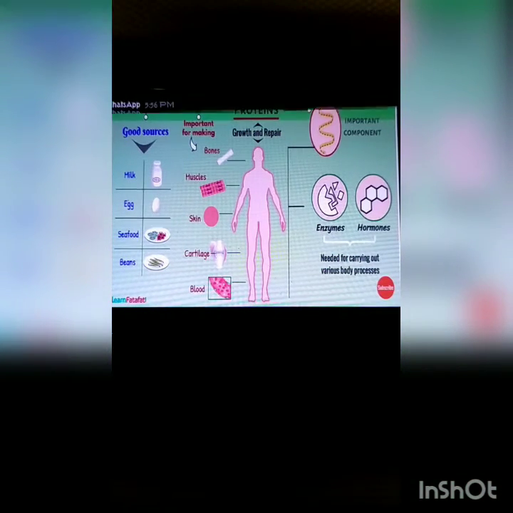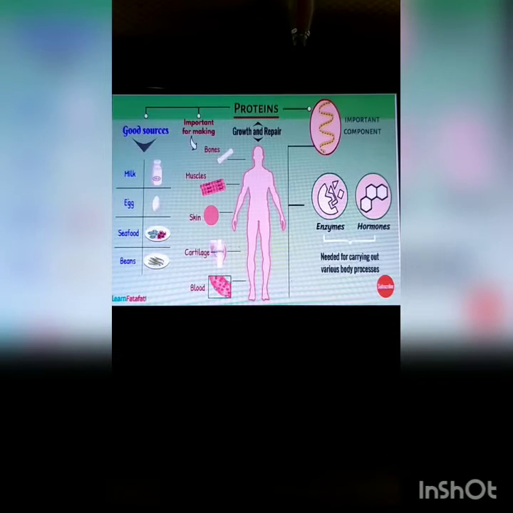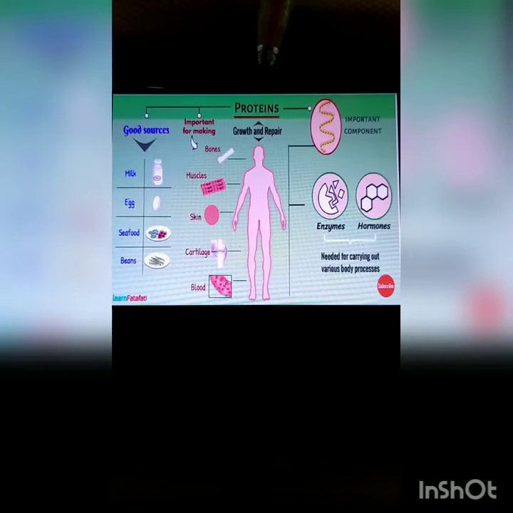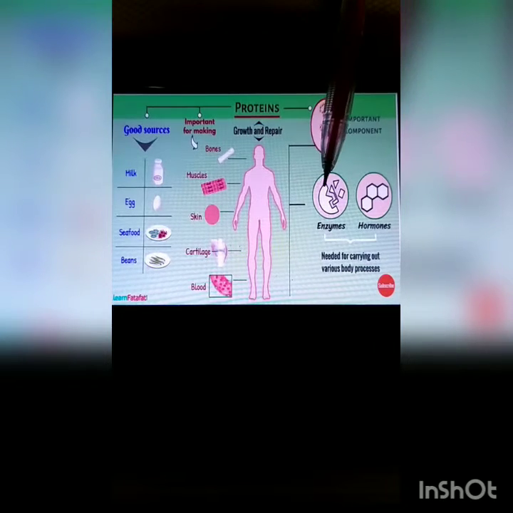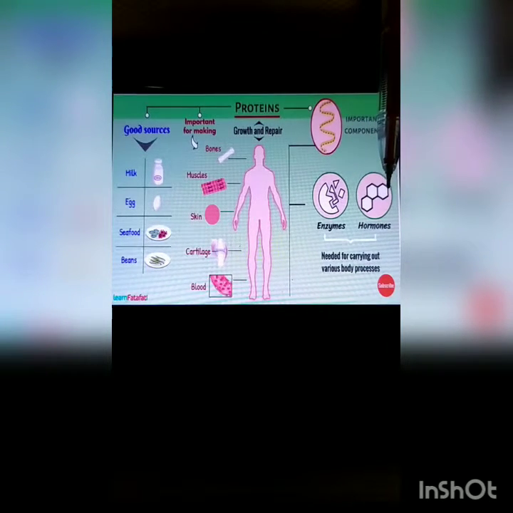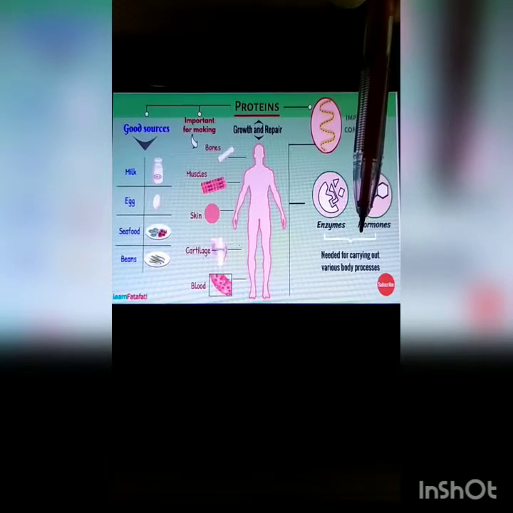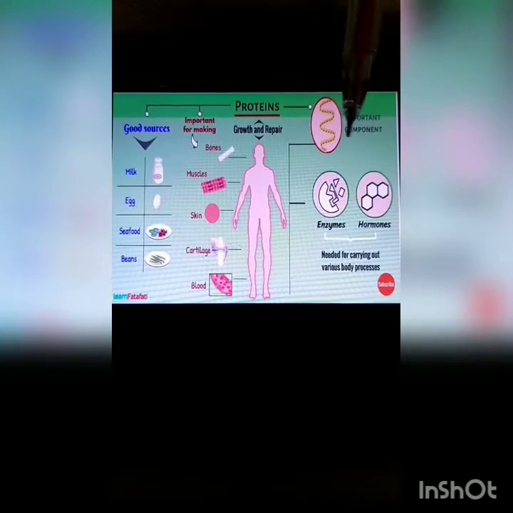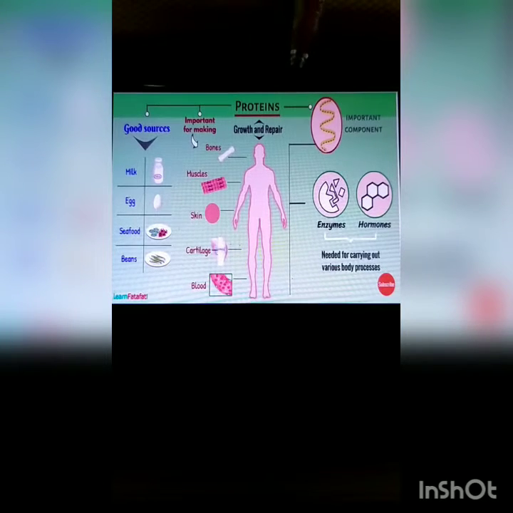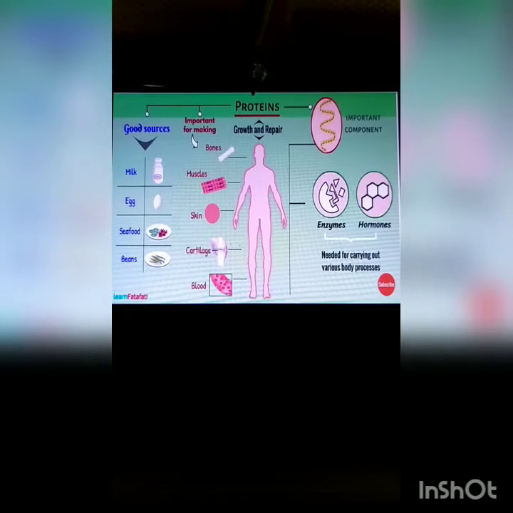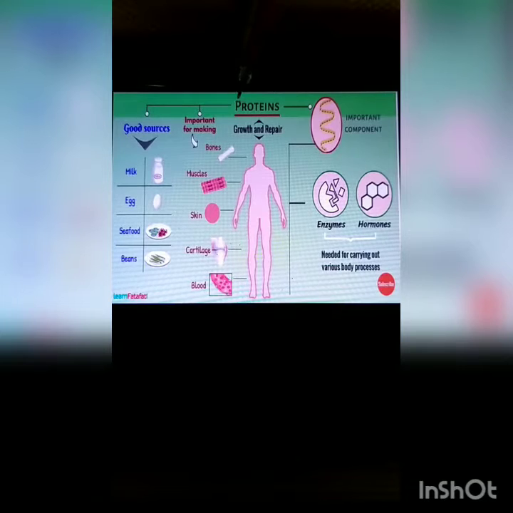Now about the proteins. There are many chemical substances in our body like enzymes and hormones. These are needed for carrying out various body processes. Food containing proteins is often called bodybuilding food.